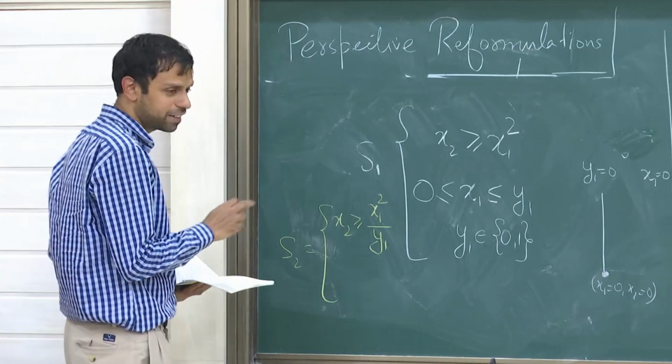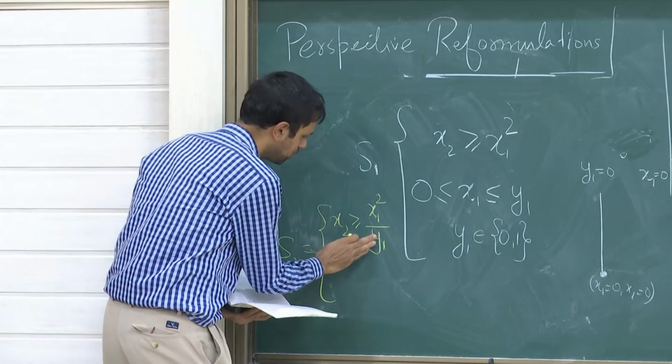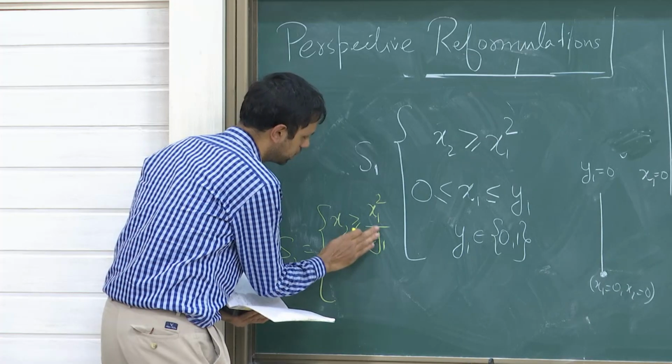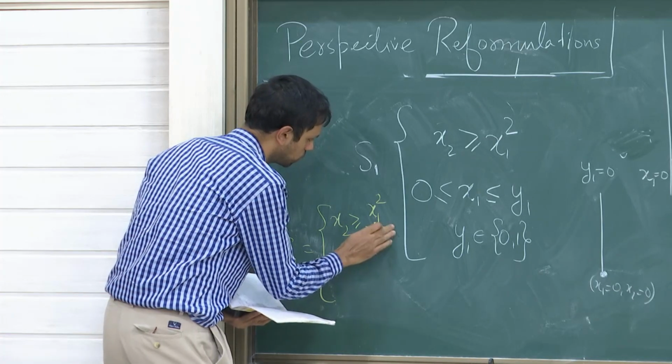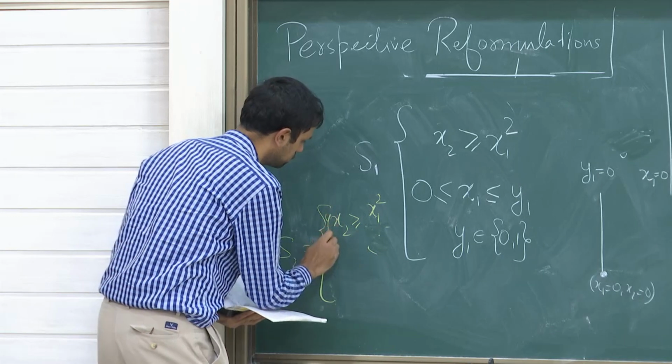That doesn't look very good because y1 can take 0 values, so what we can do is take y1 to the other side.